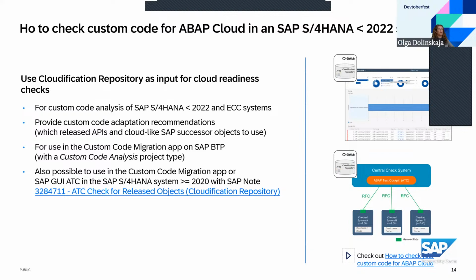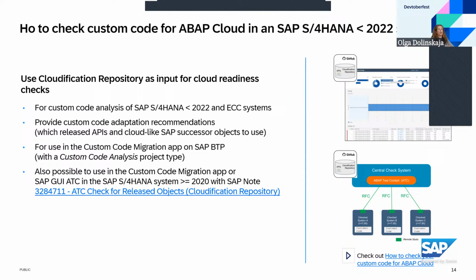And if you have an older system than 2022 release, or you have an ECC system, you can also check how far the system actually is from the clean core. For this purpose, you use the custom code migration app, and the custom code migration app needs this information about the released APIs, which is provided via the cloudification repository for the corresponding release.